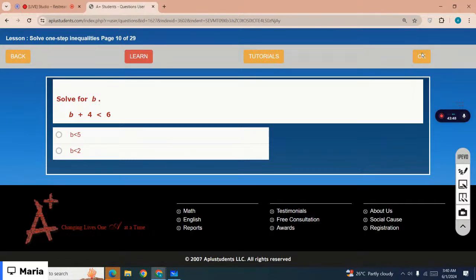Solve for b. b plus 4 is less than 6. So which is the correct option?